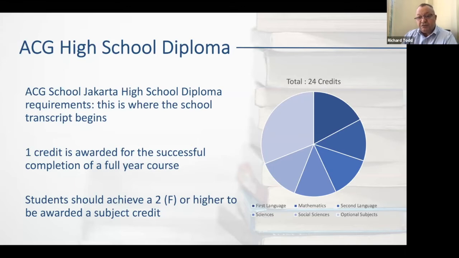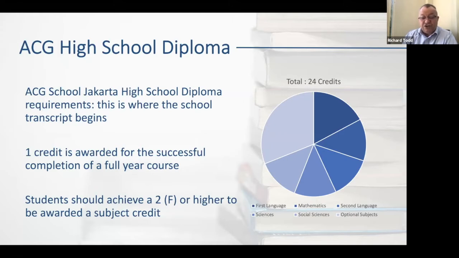This is where the transcript begins, in year 10. 1 credit is awarded for the successful completion of a full year course. So 1 semester will get you half a credit if you finish it successfully, and the other half credit will come from the 2nd semester.